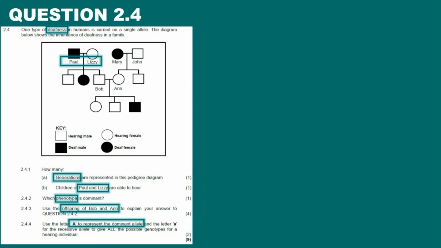This is very important for you to go through. This can be quite tricky. They just want the genotypes. There's no need for you to do a genetic cross. You won't get marks for it, but it will be very easy for you to do a genetic cross to help you understand how to get to the answer.